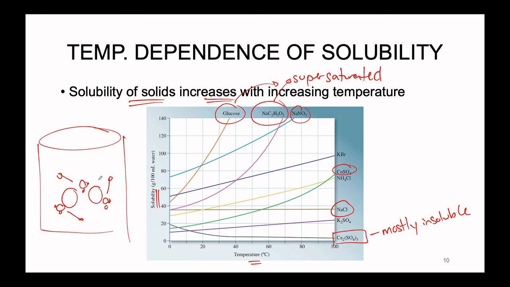So due to the increasing temperature, there is more space between solvent particles. And as a result of there being more space between your solvent particles, there's more space for the solid solute. So with the increasing number of open spaces, there's more solid that you can actually fit inside of solution. This is why we see the solubility of the solids increase with increasing temperature.